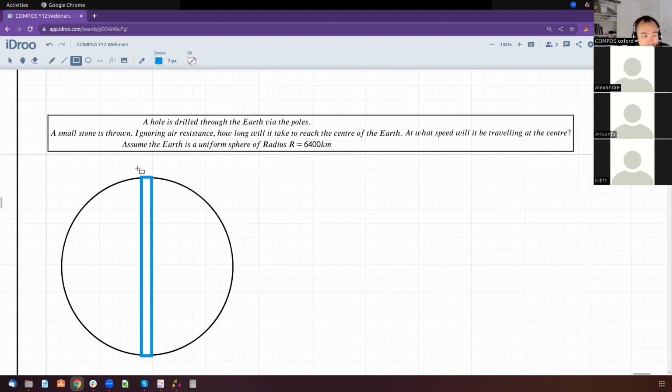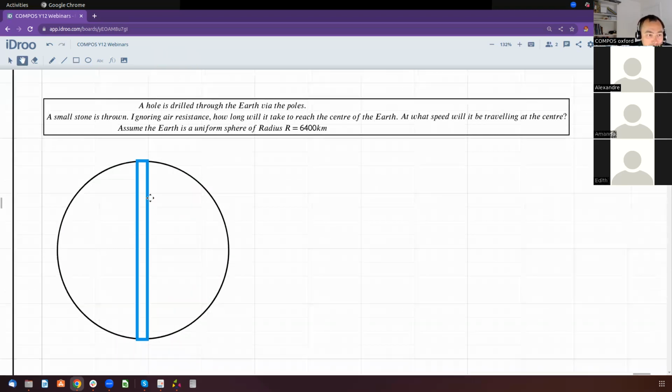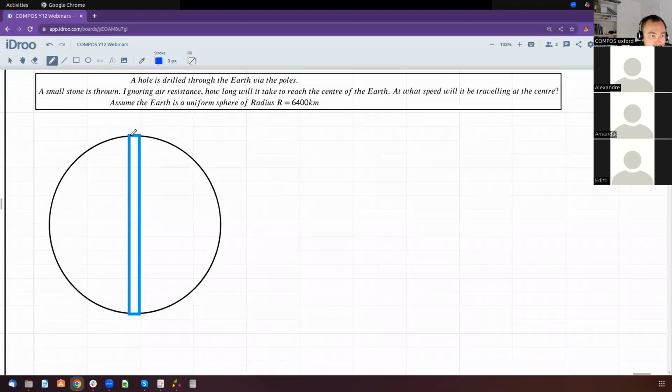Okay, so when we are at the top, the force is mg. At the top, the force is mg. And that makes sense. That's the only force that causes it to accelerate down.